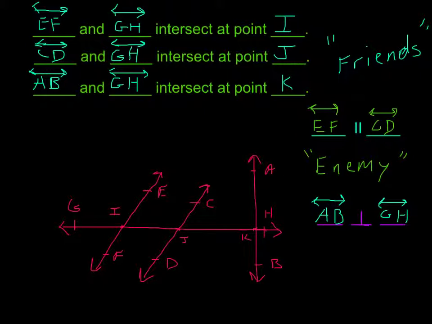Line GH are perpendicular. Now, some people like to refer to these ones as married lines. So we have friends, we have enemy, and we have married.